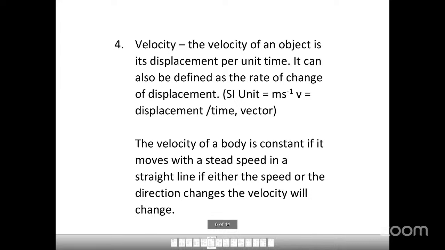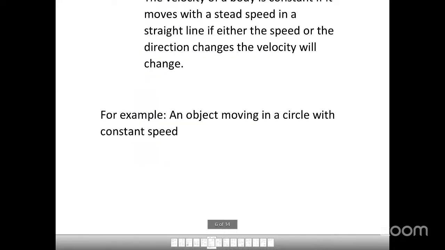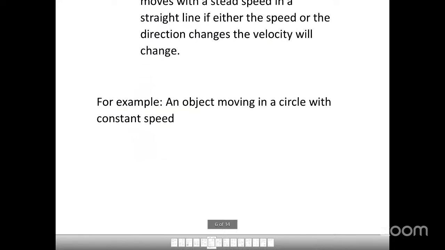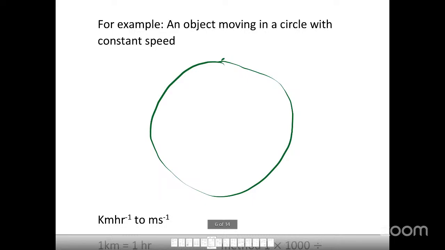The velocity is constant if it moves at a steady speed in a straight line. If it changes direction, the velocity will change. So remember this: if I give you a circle and an object moving in a circle, at every single point the direction changes.